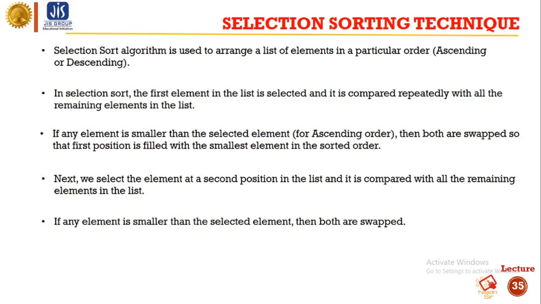So selection sort is used to arrange a list of elements in a particular order. It may be ascending or descending. In selection sort, the first element in the list is selected and it is compared repeatedly with all the remaining elements in the list. If any element is smaller than the selected element, then both are swapped so that the first position is filled with the smallest element in the sorted order.